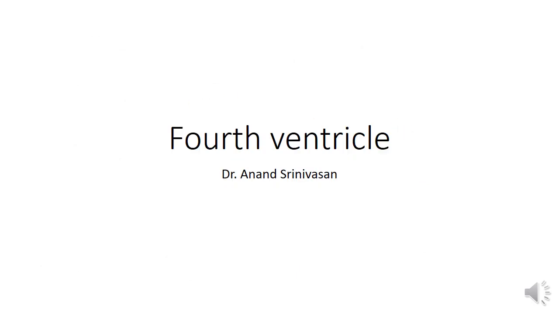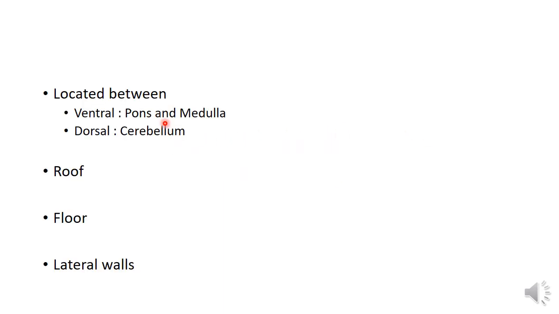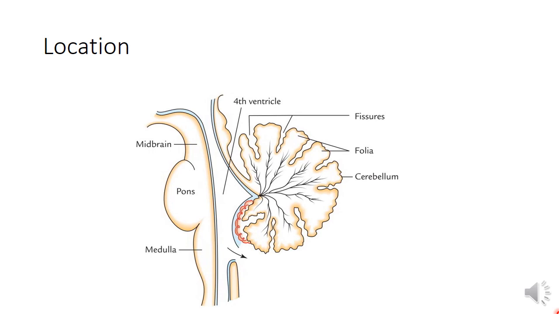Let's move on to the fourth ventricle. The ventricle is located between the pons and medulla, which are on the ventral aspect, and dorsally by the cerebellum. It has a roof, floor, and lateral walls. So in this picture, here you can see the fourth ventricle.